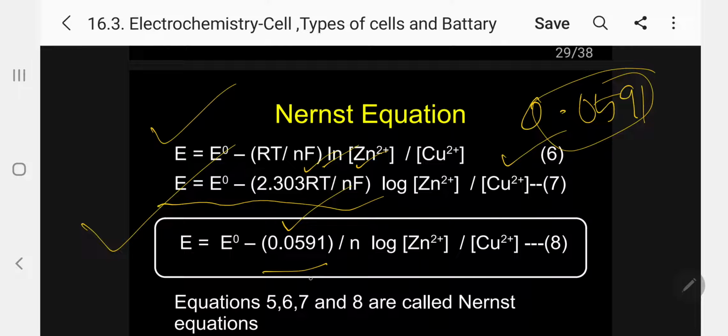Why are we keeping n? Depending upon the electrode oxidation, 1 electron, 2 electrons, n will vary, so we are not changing it. So log is the concentration of product by concentration of the reactant. So these equations are called Nernst equations for a cell. Kindly follow. Whenever it's a derived Nernst equation, this is the final Nernst equation. Kindly follow.